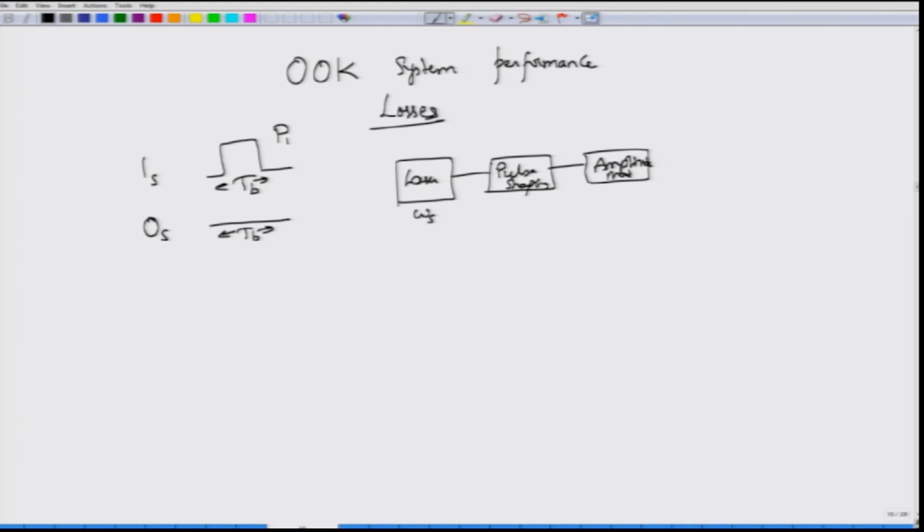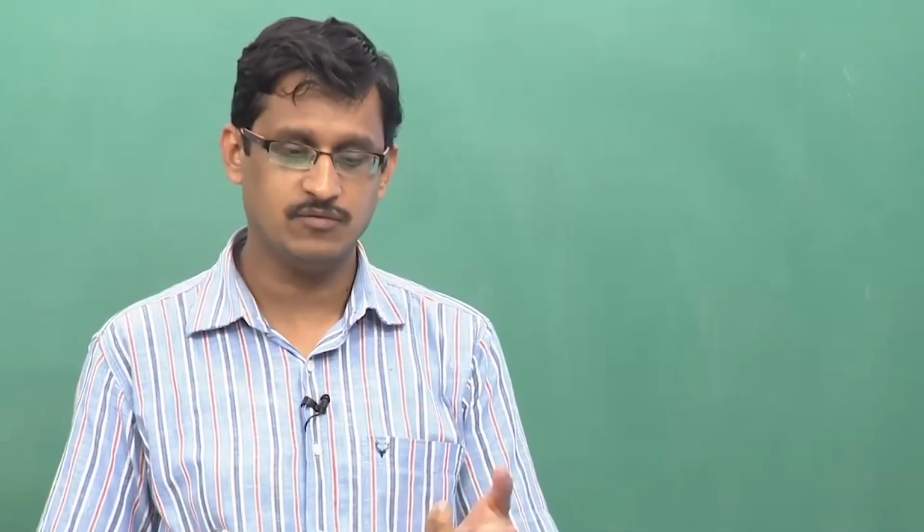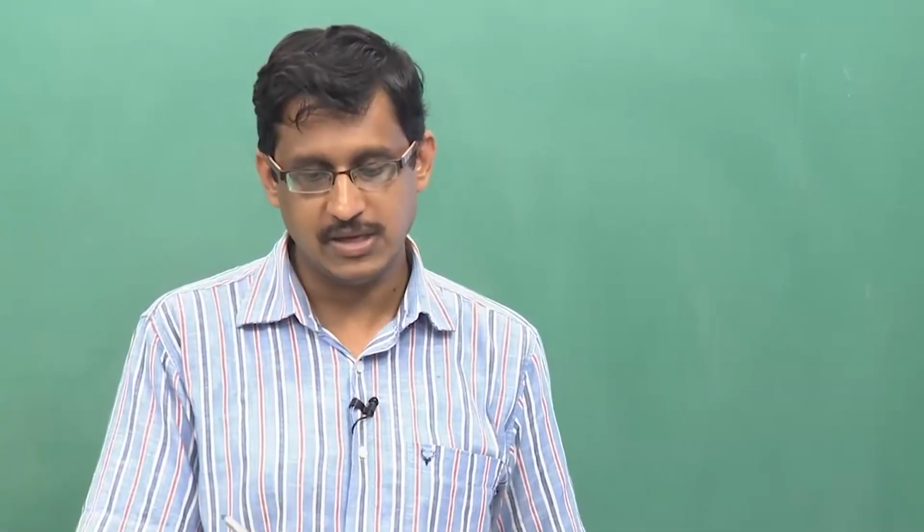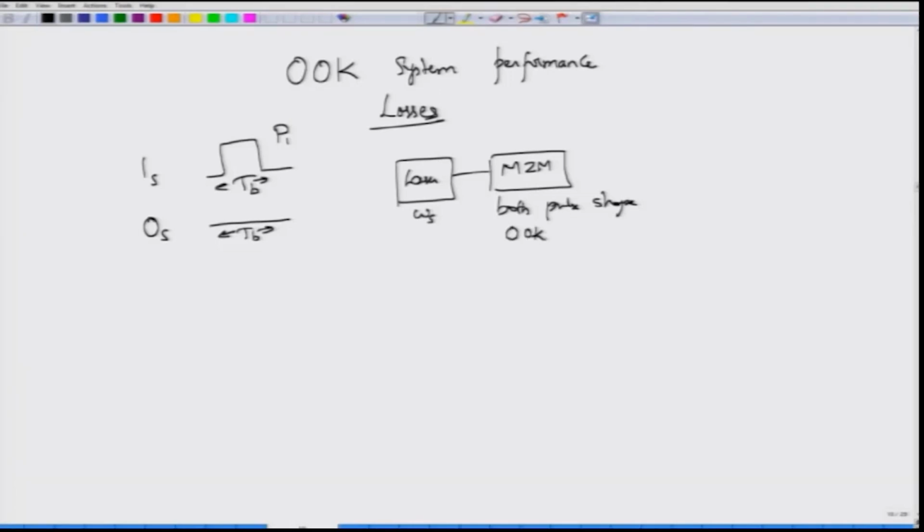In fact, if you are not really concerned about the exact pulse shape, then you can eliminate all these components and simply use a Mach Zehnder modulator to generate the pulse shape, because you are naturally getting a pulse shape, and then you bias the Mach Zehnder modulator with the data such that it appears to give you 0. So, you can do both pulse shaping as well as on-off keying modulation in the same device, and then transmit it over the fiber.